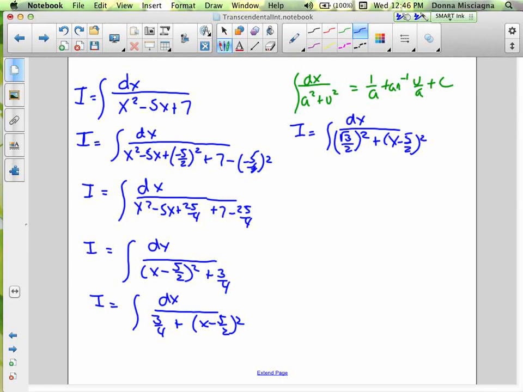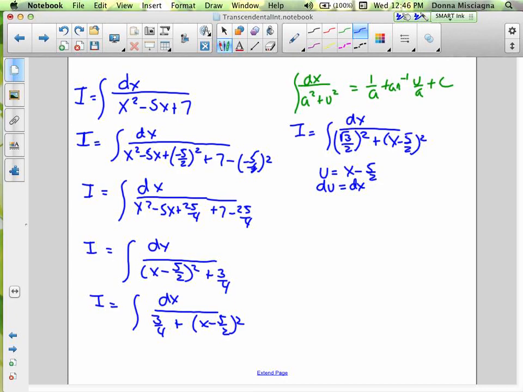All right, let's identify the u, the du, and the a. We'll do a u substitution here. So u is x minus 5 halves. The du is just going to be dx, because the derivative of x is just 1. Right? So the derivative of u with respect to x would be du dx.